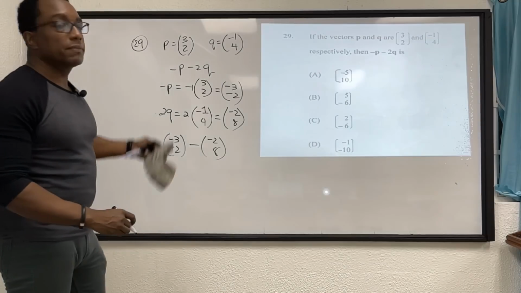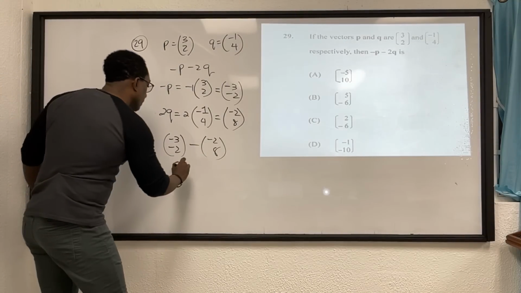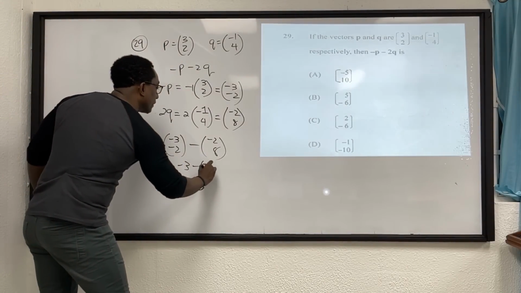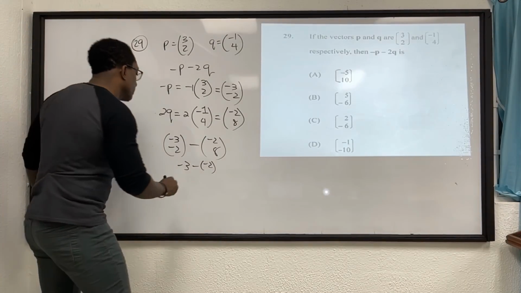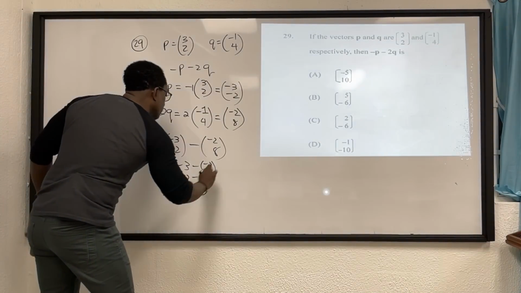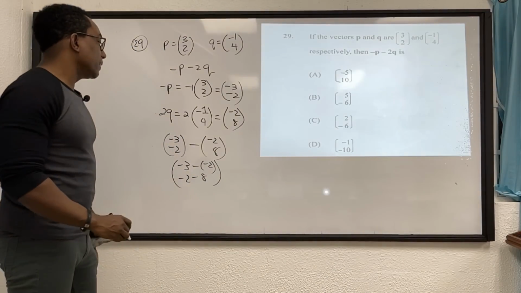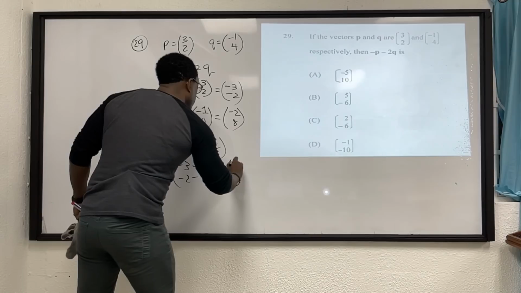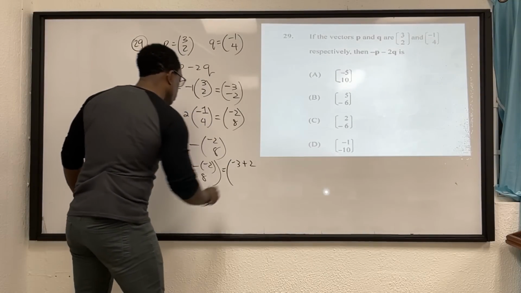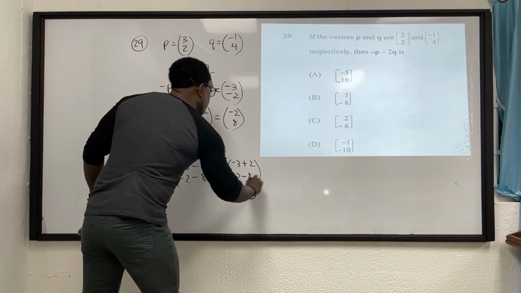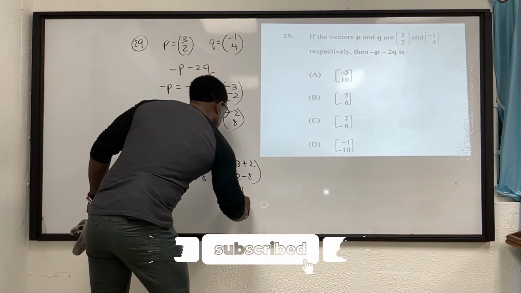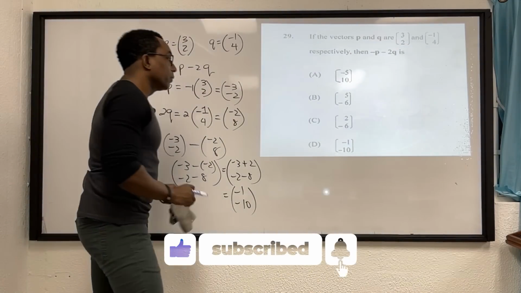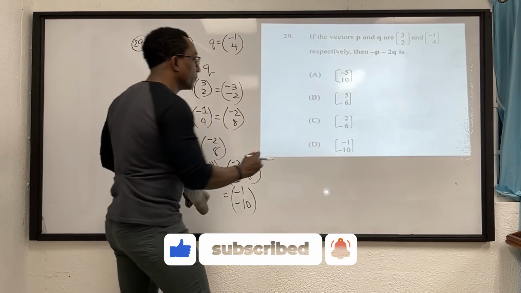That's negative P minus 2Q, which becomes negative 3 subtract negative 2, which we put in brackets to separate the signs, and negative 2 subtract 8, which simplifies to negative 3 plus 2 and negative 2 subtract 8, which is (-1, -10), whose answer there is D.